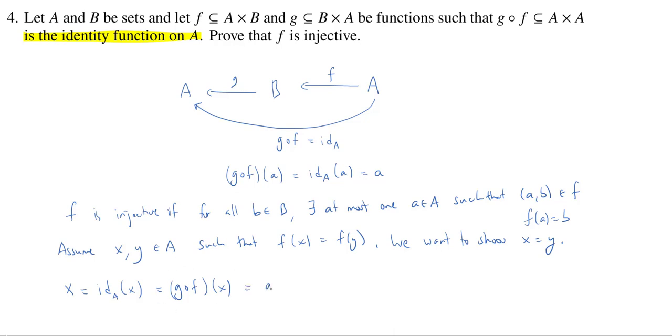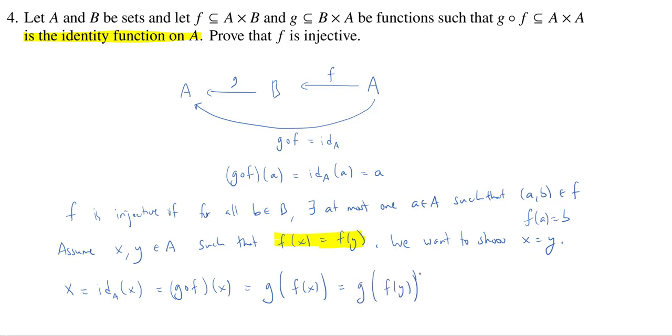This means I apply G to F of X. And here's where the magic happens. I know that F of X is equal to F of Y, right? That was the assumption. I have a collision. And so I can replace the F of X here with F of Y. So I get G of F of Y.